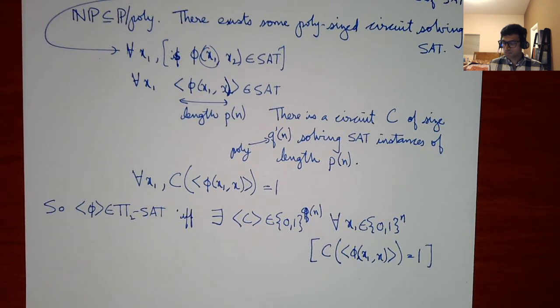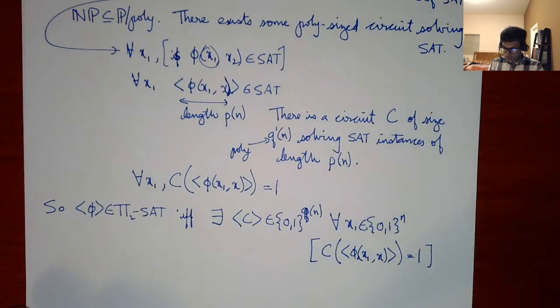Is the problem perhaps that if phi is not in pi 2 sat, then it could either be the case that the there exists fails, or that the for all fails. For all, it might not be the case that for all x1 there exists.